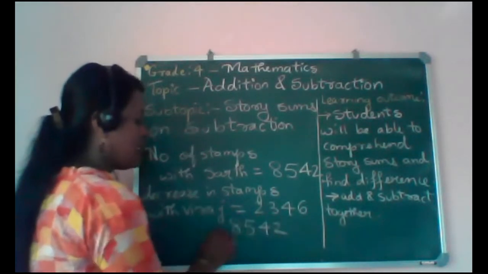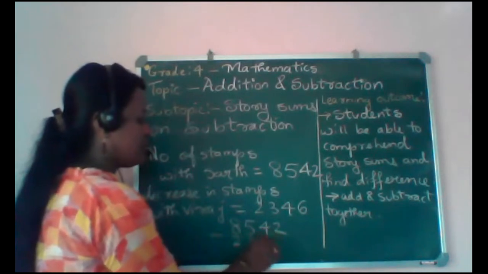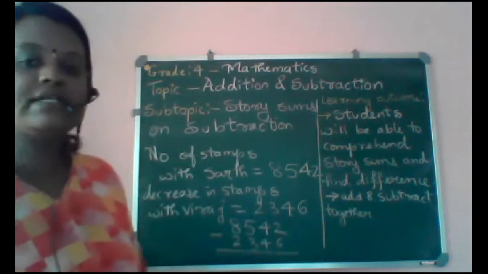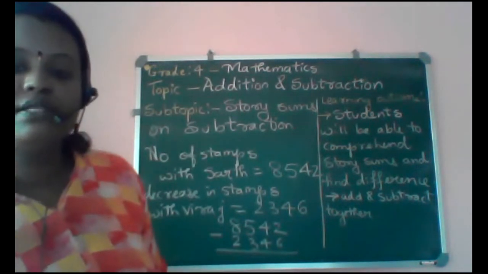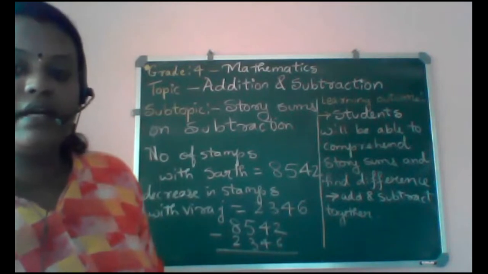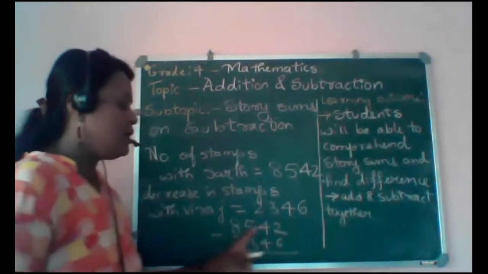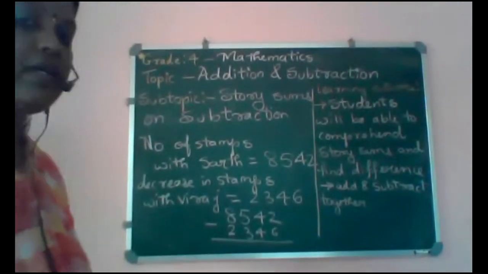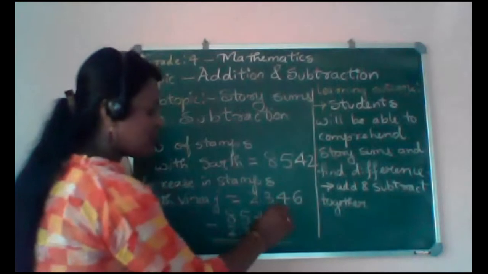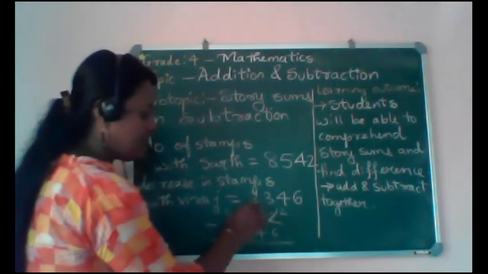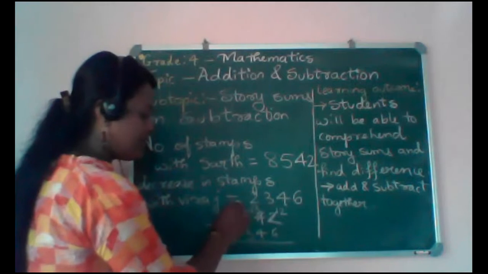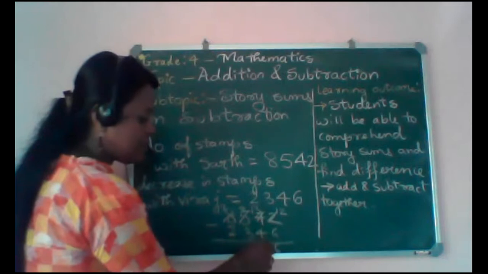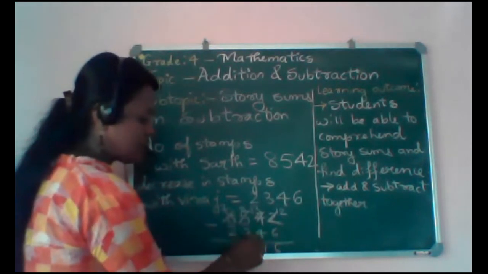8,542 minus 2,346. So we know that 2 minus 6 is not possible for us to subtract. So we borrow, and this would turn up to be 12, 13, 4, 7. 12 minus 6 is 6. 13 minus 4 is 9. 4 minus 3 is 1.